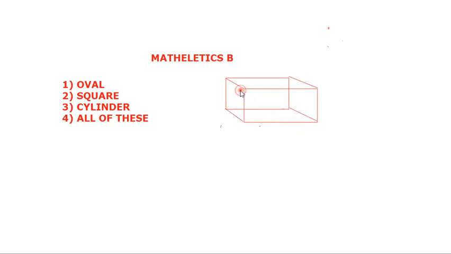This is the length of the cuboid. The longer side of each face is the length. The shorter side, you can measure it here, even you can measure it there, wherever you want to. This is the shorter side. It is called the breadth. And the height, you can also measure it with the scale.